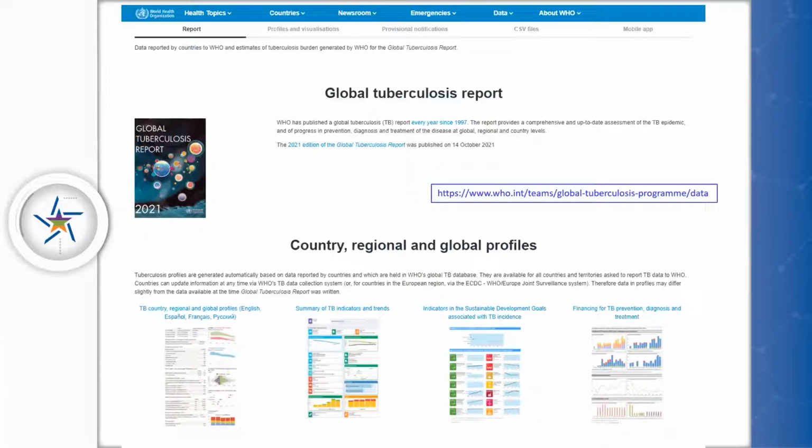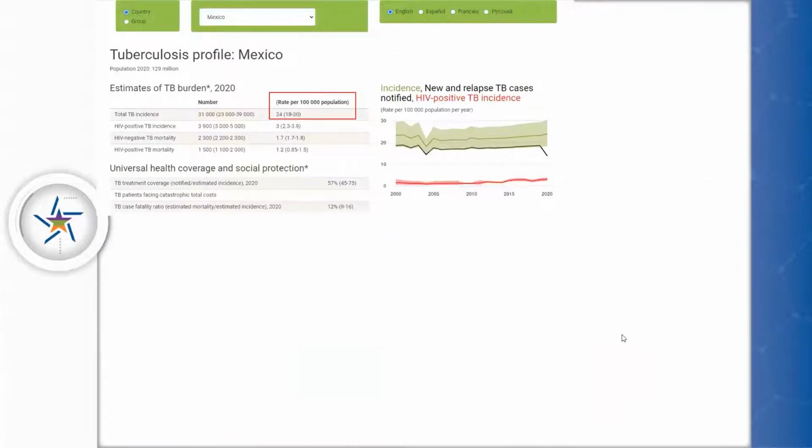The global report has the entire report, but there are also TB country, regional, and global profiles that you can use. And I wanted to show some examples. I chose the top 3 countries from which we have immigrants to the US. I started with Mexico, our neighbors to the south, who have the largest number.